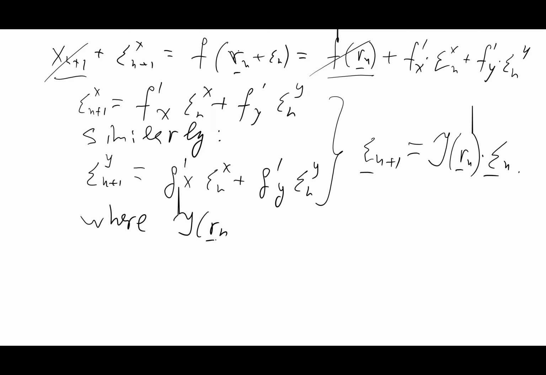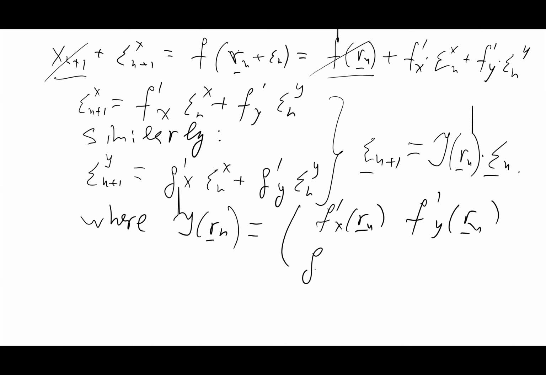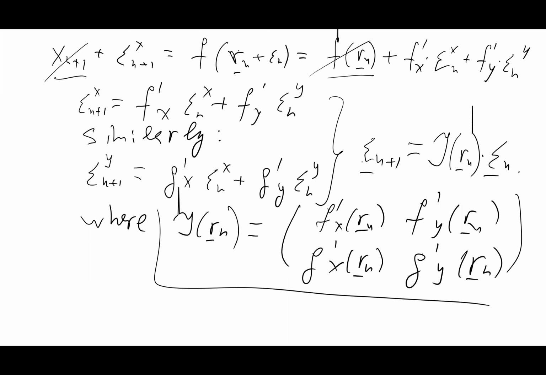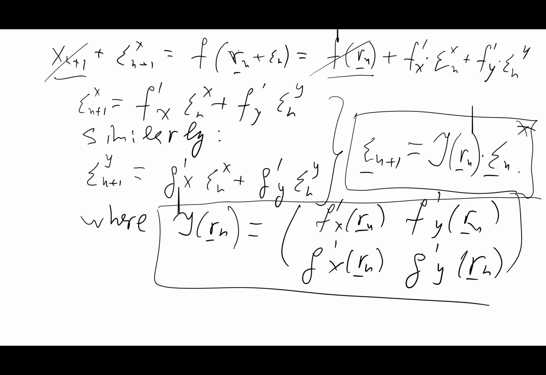Jacobian at Rn is derivative of f over x at Rn, derivative of f over y at Rn, derivative of g over x at Rn, and derivative of g over y at Rn. So this is a very important formula to remember. And this is the definition of Jacobian. We've seen this before.